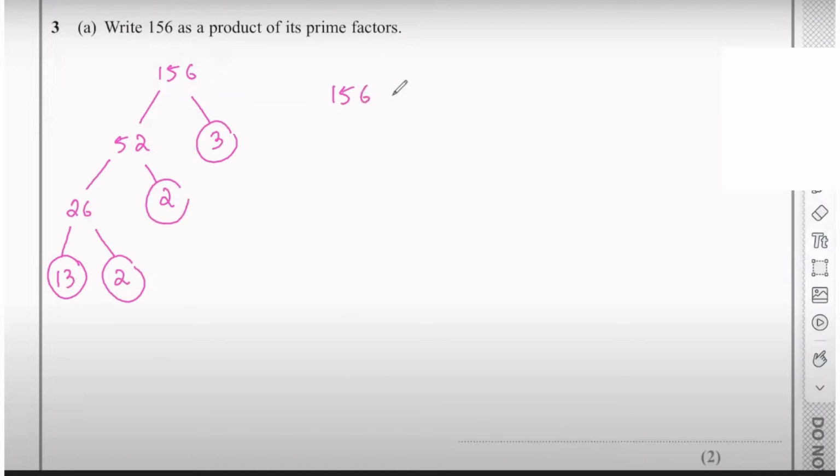So 156 is the same as 2 times 2 times 3 times 13. Now, since 2 is repeated twice, we can rewrite that as 2 squared times 3 times 13 comes as it is. So this is your product of prime factors for 156.